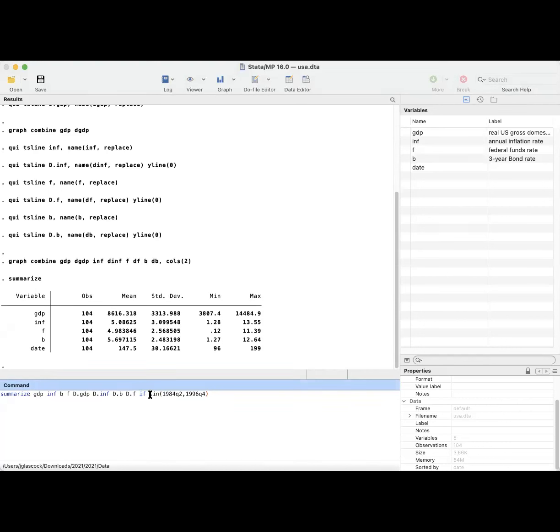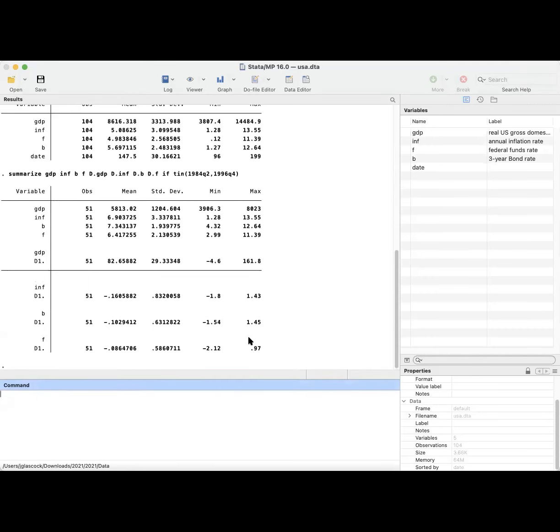That's a condition. tin means times within this range. So that's the starting point all the way to the midpoint where we would like to make the cutoff. Then if you submit this line, you will have descriptive statistics for the level and the first difference, up to the fourth quarter of 1996. As a result, the number of observations is 51.